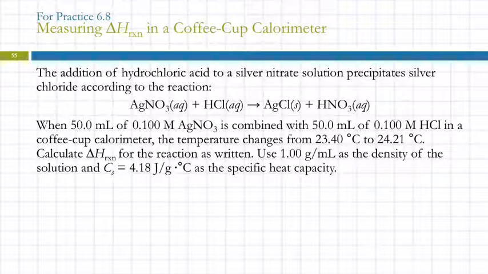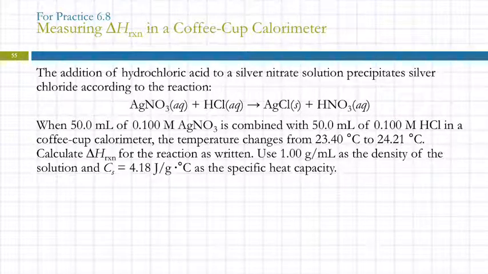Let's do a problem. The addition of hydrochloric acid to a silver nitrate solution precipitates silver chloride according to this reaction. When 50 milliliters of 0.100 molar silver nitrate is combined with 50 milliliters of 0.100 molar HCl in a coffee cup calorimeter, the temperature changes from 23.4 degrees Celsius to 24.21 degrees Celsius.